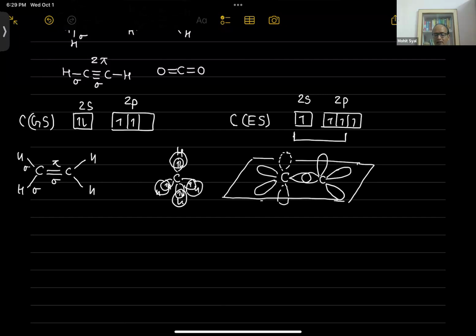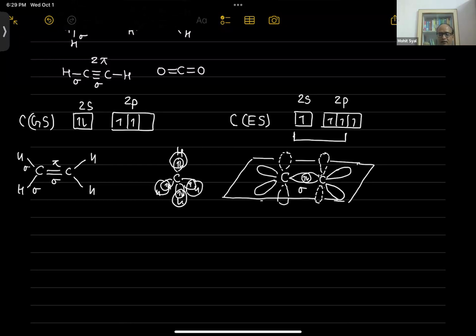The sp2 orbitals facing each other directly along the line joining the two carbon atoms overlap in a head-on fashion along the axis joining the two carbons. This is a sigma bond, which we have already discussed.